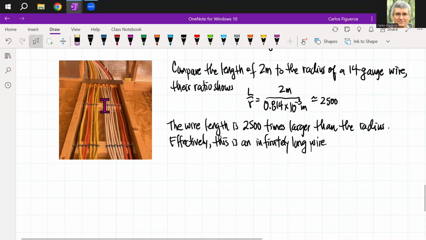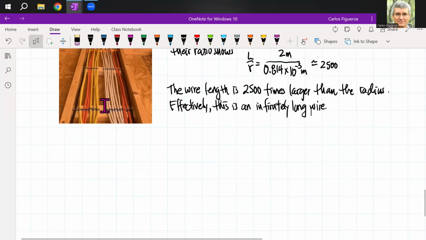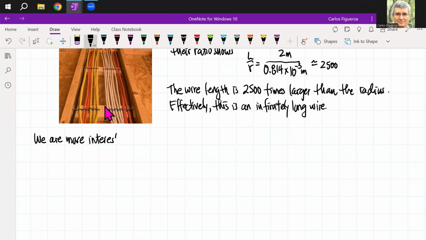So when I'm thinking about what we really want to calculate, we are more interested in the magnetic field of an infinite wire than the magnetic field of a finite wire.